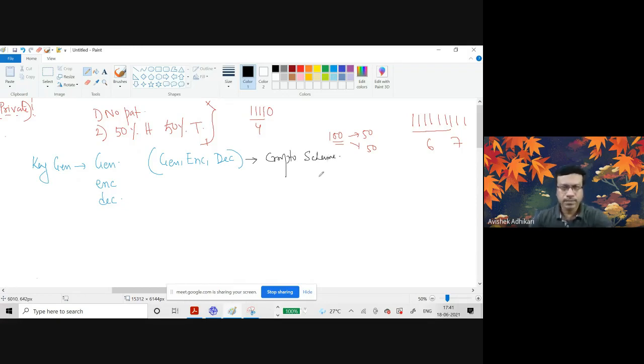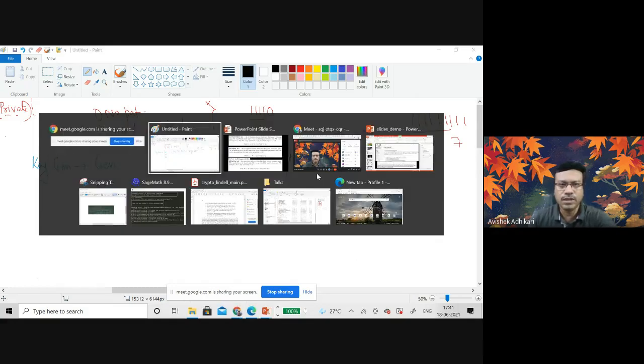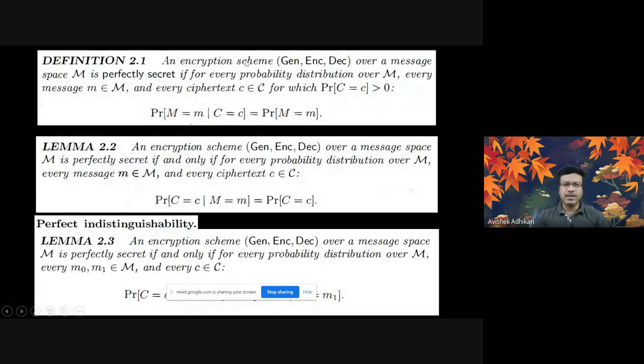An encryption scheme over a message space M is perfectly secret if for every probability distribution over M, every message m belonging to M and every ciphertext c belonging to C for which the probability of C equal to c is greater than 0, this condition holds.